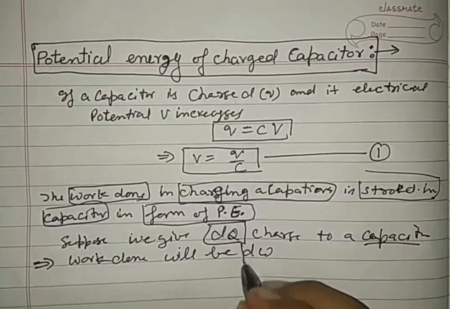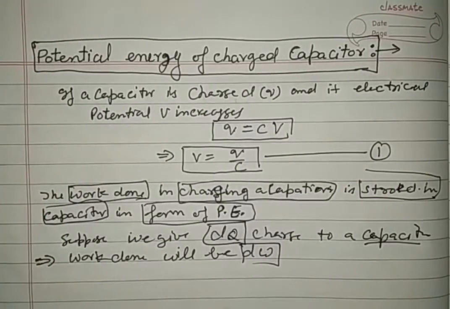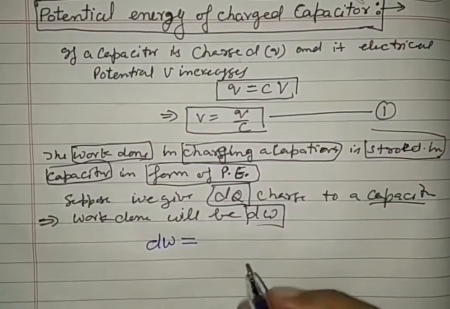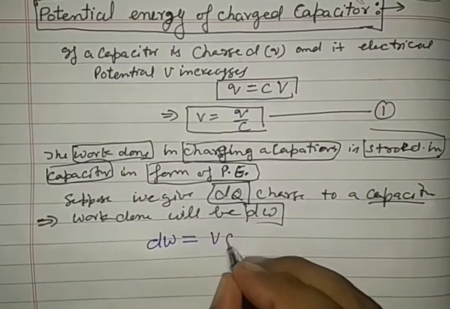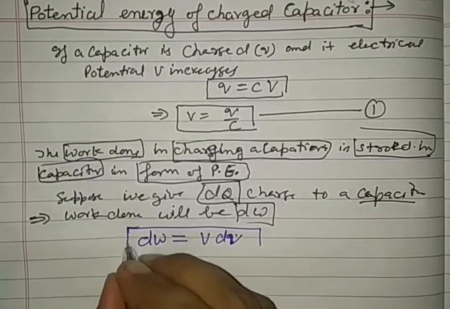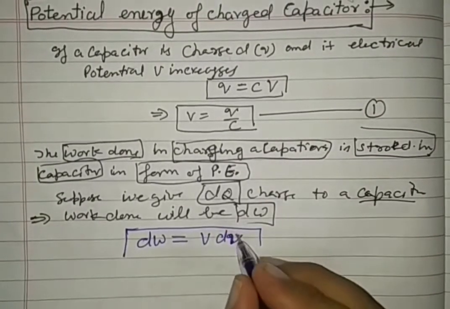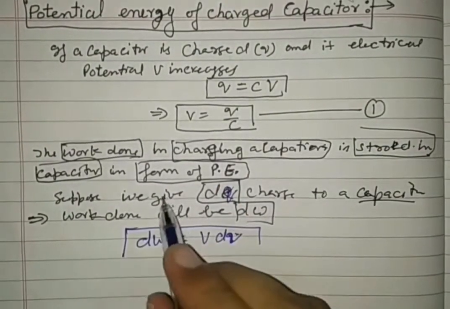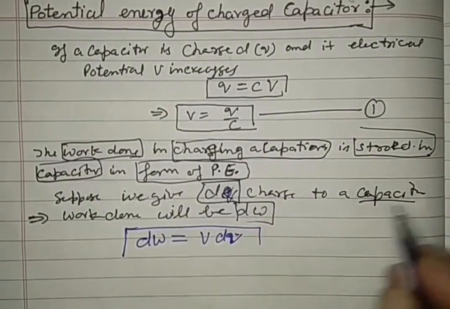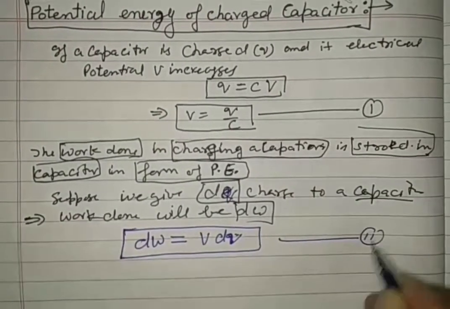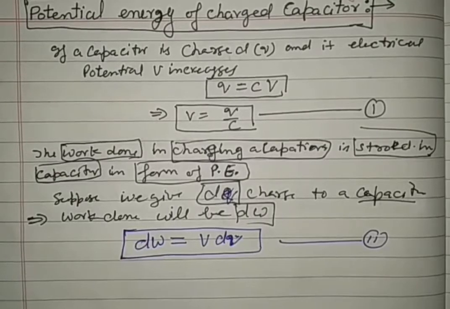For charging dq, the work done is equal to how much the potential increases due to this dq. We use small q everywhere, so we give a small dq charge. So dW is equal to V dq, and we represent it as equation number 2.